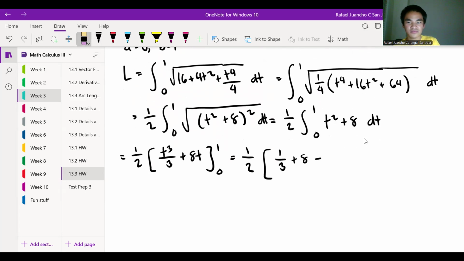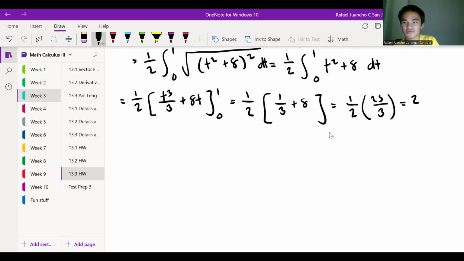Oh, it's just 0. So it's just this thing. So I got 1/2 and then this is 25/3. I hope I'm right. Then 25/6. So usually the tricky part here is evaluating integrals.